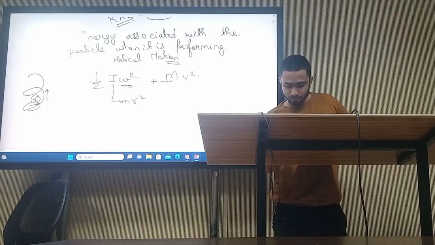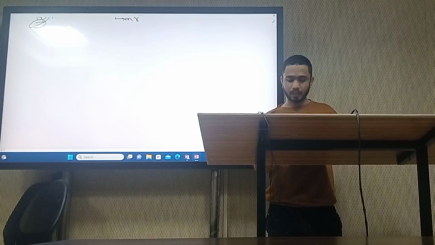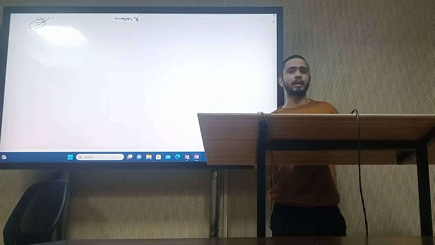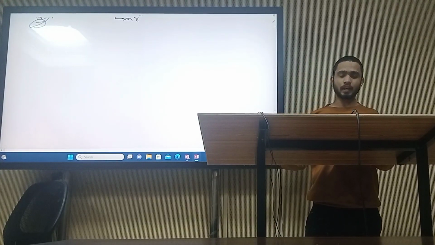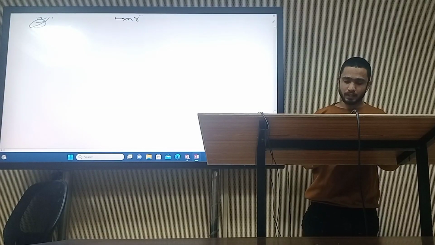V is the velocity with which it is moving upward. So these are the two types of kinetic energies associated when the particle is performing a helical motion.